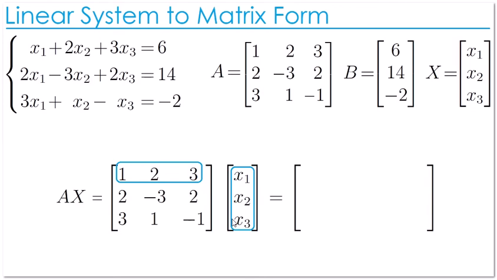Then let's get the product of corresponding entries. Here in row 1, we have the first entry times the first entry of the column: 1 times x sub 1, plus 2 times x sub 2, then plus 3 times x sub 3.